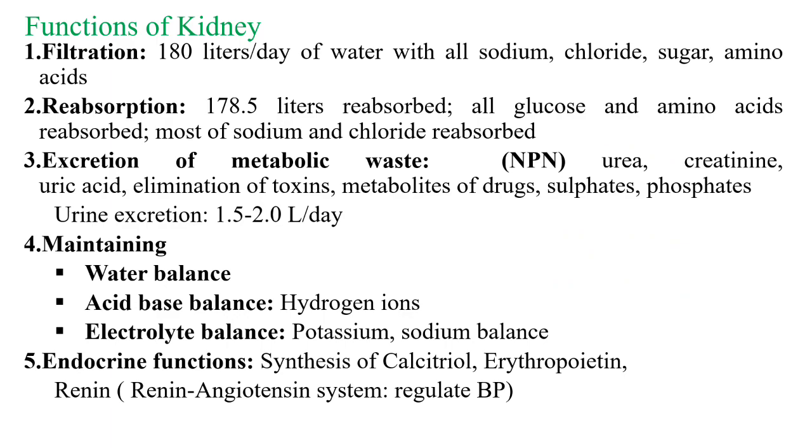Only metabolic wastes like urea, creatinine, uric acid, and the elimination of toxins, metabolic drugs, sulfates and phosphates are excreted. These are products of protein metabolism, detoxification processes and other waste products.